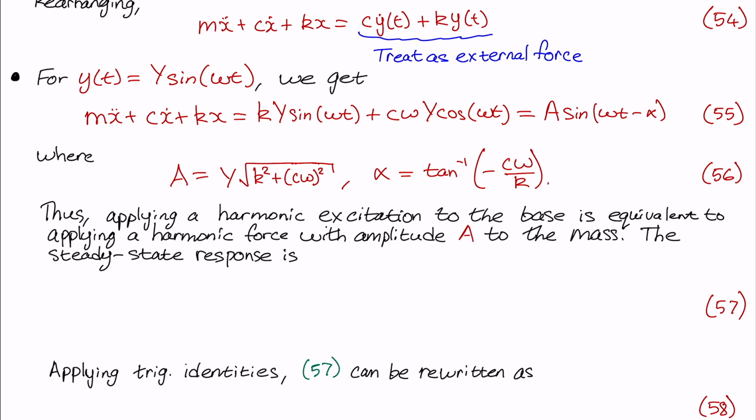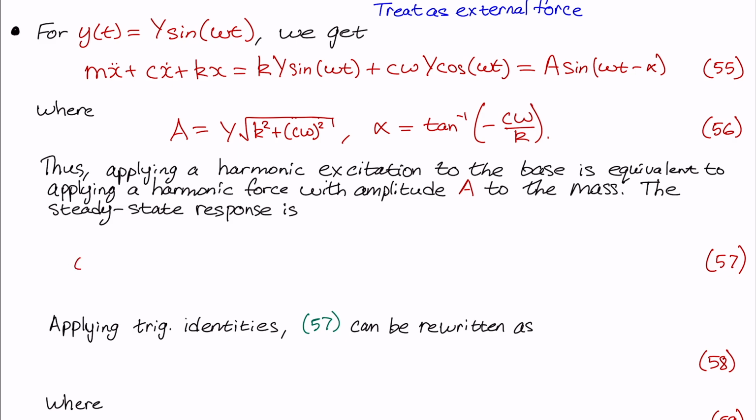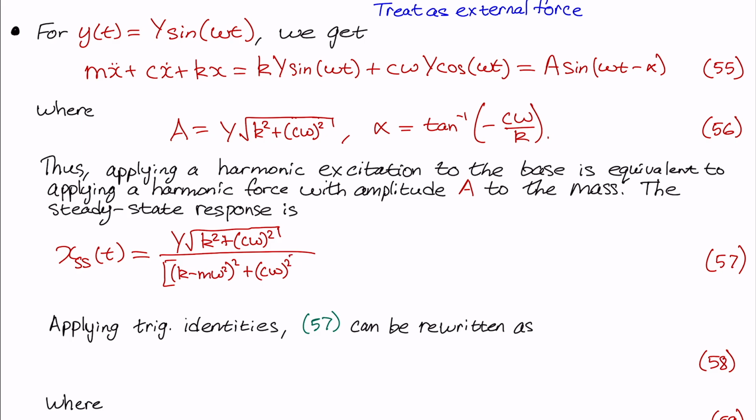Our steady state response then is going to be x sub ss of t equal to big Y times the square root of k squared plus the quantity c omega squared, divided by the square root of the quantity k minus m omega squared, quantity squared, plus the quantity c omega squared, all of that raised to the 1/2, times the sine of omega t minus phi 1 minus alpha, where phi 1 is equal to the inverse tangent of c omega divided by k minus m omega squared.